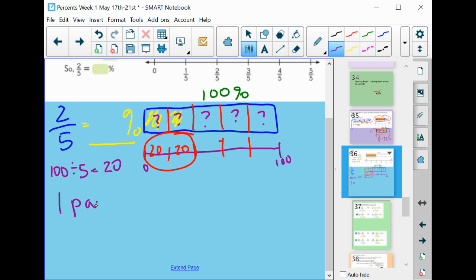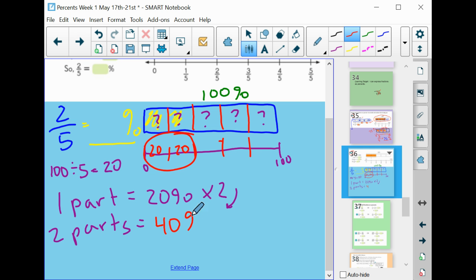So if 1 part is equal to 20%, what is 2 parts equal to? Yeah, you're going to do 20 times 2 to get this product here, which is 40%. So 2/5 is equal to 40%. Okay, go to the next problem here.